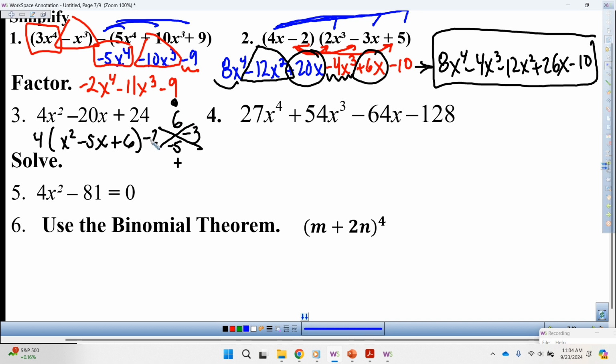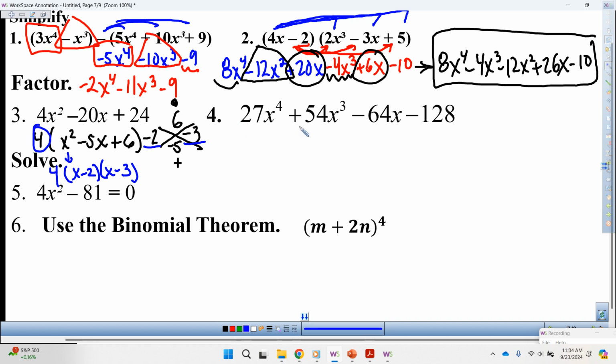Negative 2 times negative 3 is 6. Negative 2 plus negative 3, that's negative 5. So I bring this down. The x squared becomes x times x. Then I have minus 2. Then I have minus 3. And don't forget the BFF, which is 4. Hands if you got that by yourself. Okay, some of us. All right.